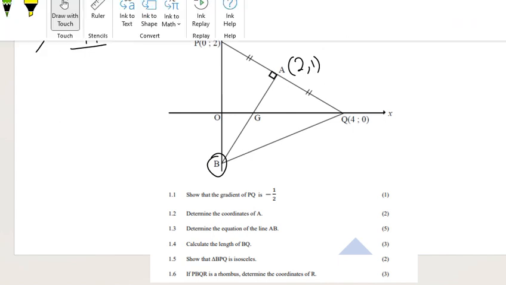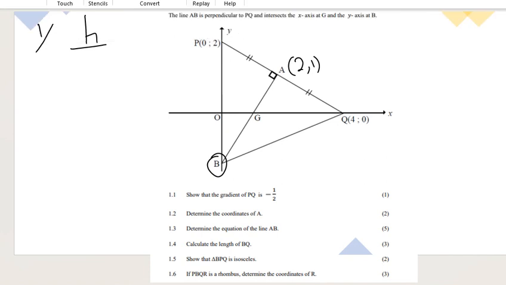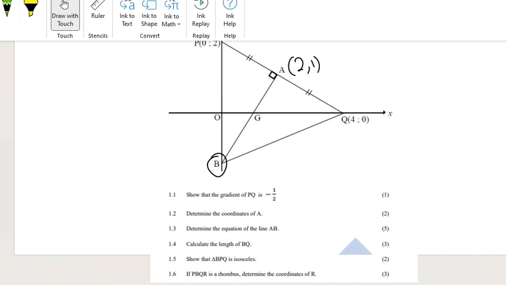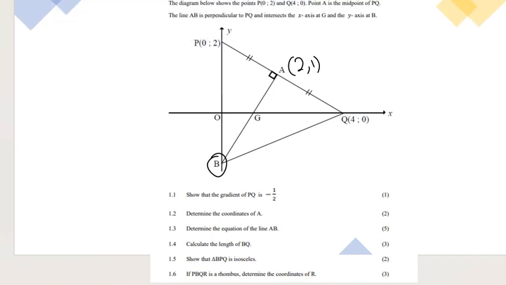So if you have lines that are perpendicular to each other, let me erase these lines first. That means the product of their gradients is equal to -1. So MAB times MPQ or QP is equal to -1.